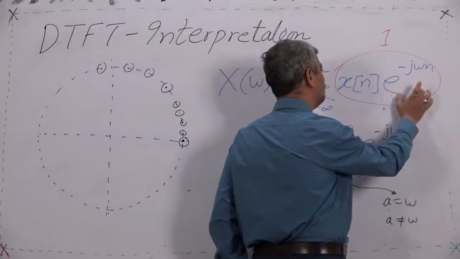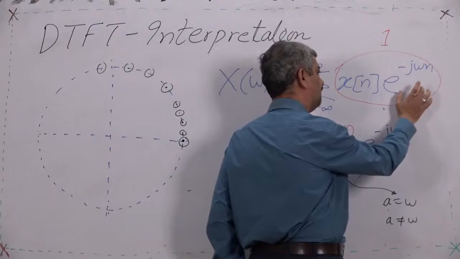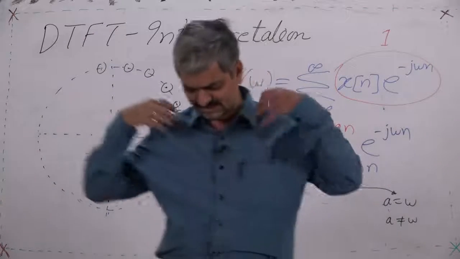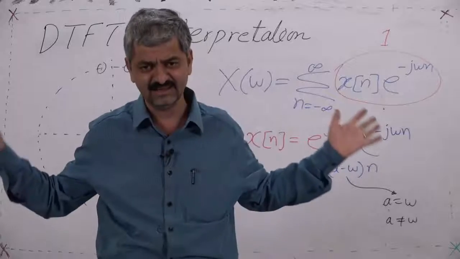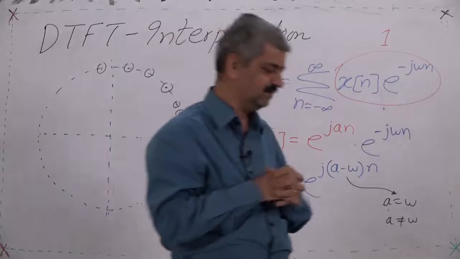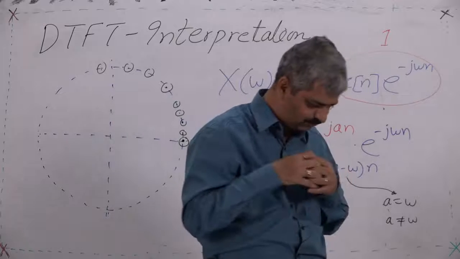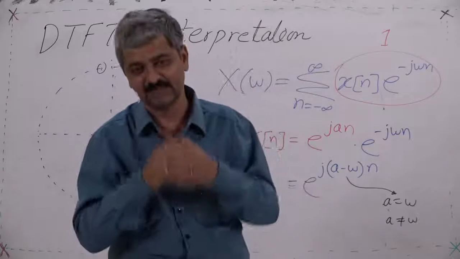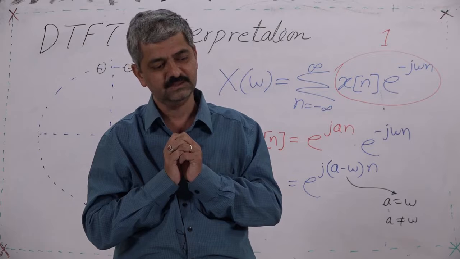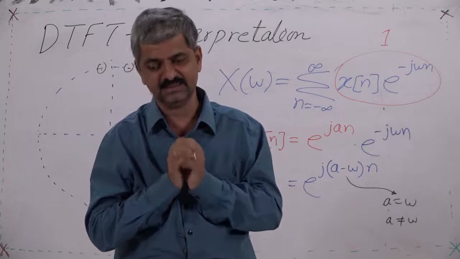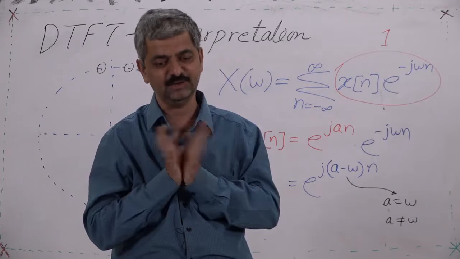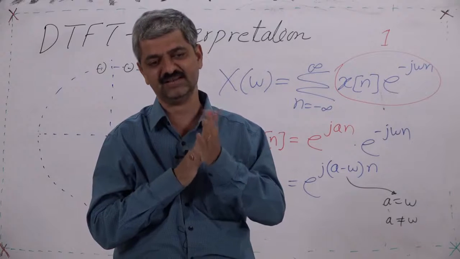So, by e raised to minus j omega n, this sequence need not be all rotating points. The sequence can be anything, x[n] can be anything. So, you might have gone through chromatic filters. Sunlight is there, and in sunlight you have a mix.